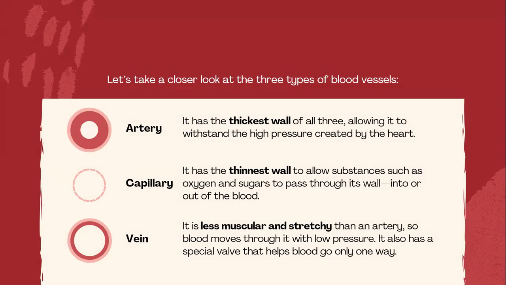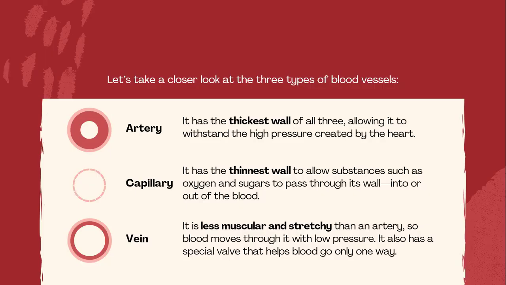When we take a closer look at artery, capillary, and vein, the artery has the thickest wall. You can see it in this picture, and it allows the artery to withstand the high pressure created by the heart. The vein is less muscular and stretchy than the artery, so blood moves through it at low pressure. Veins have special valves, so blood goes through in only one direction.